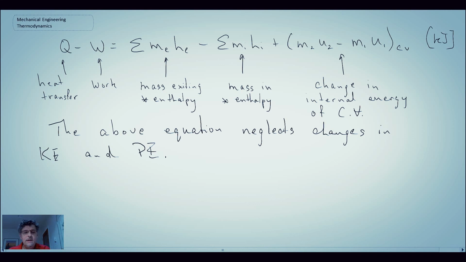So that is the equation for a uniform flow process. What we'll do now is we will work a couple of example problems that help demonstrate some of the ideas that we've been looking at with regards to the first law.